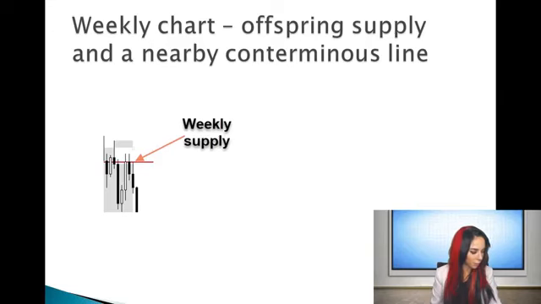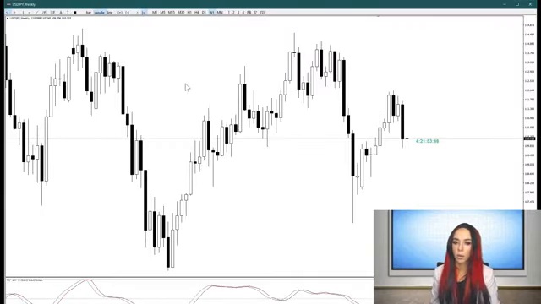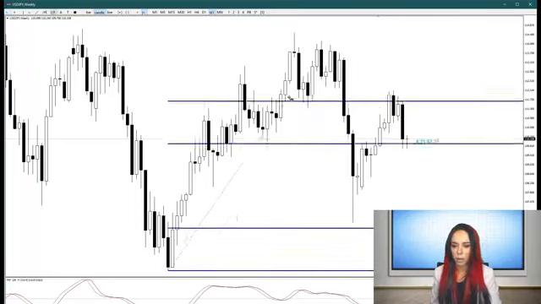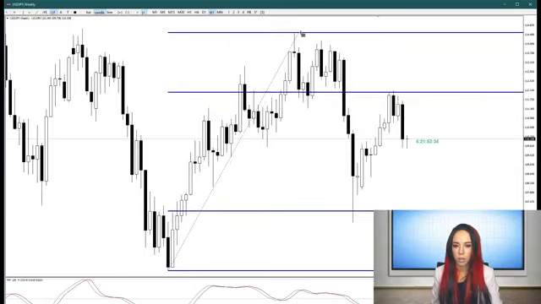USD yen weekly chart. You find the high and the low, and then find the retracement. So in this case, the most obvious one is this one and that one.